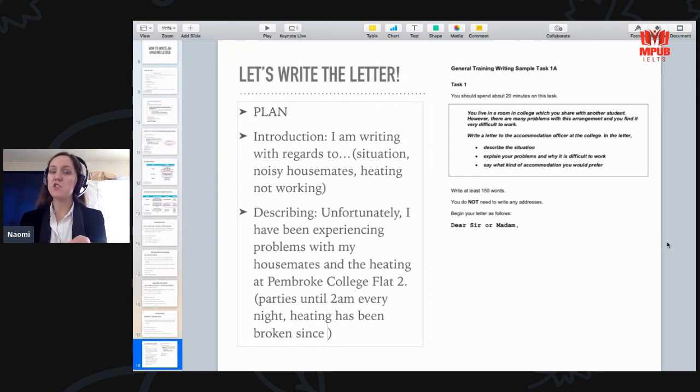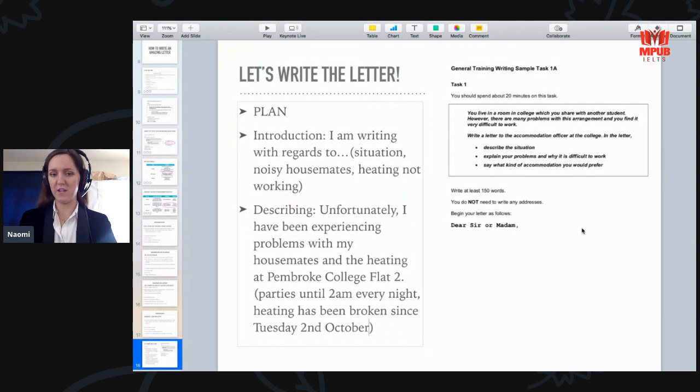My landlord needs to know the details because he's a professional. So heating has been broken since. Am I just going to say Tuesday? No, I'm going to say Tuesday, 2nd October. Very specific. Can even say 2020.